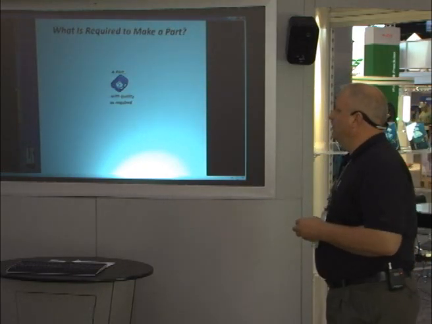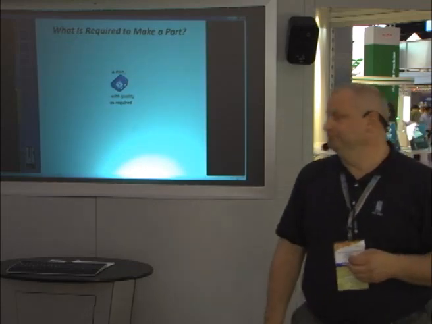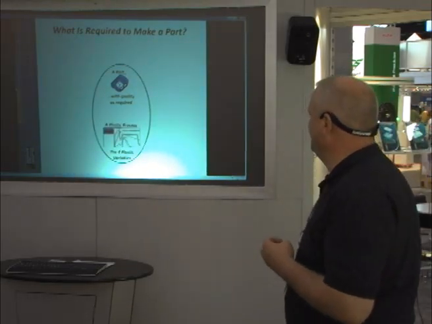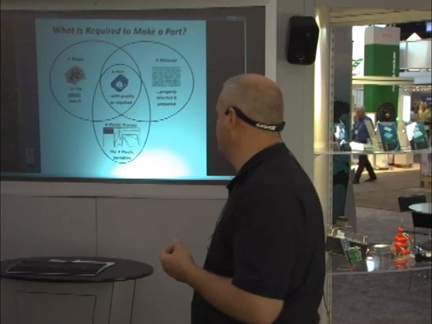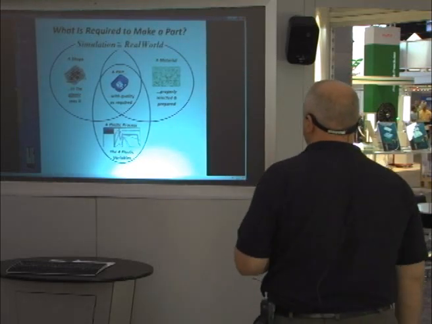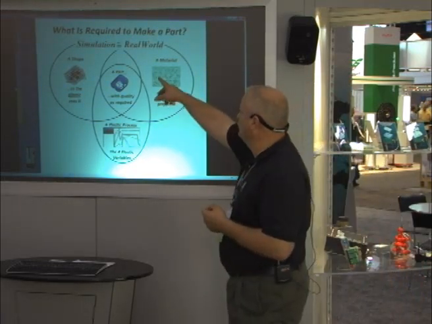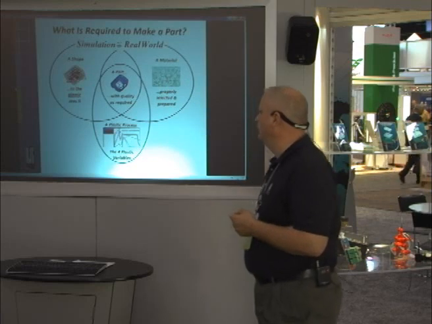So at the end of the day, what is required to make a part? First of all, I got to have a product design. Secondly, I got to have the materials. The third thing is I need to relate that shape as the plastic sees it through a simulation process or some kind of manual risk assessment process. Okay? I want to take my simulation or my risk assessment to the real world.